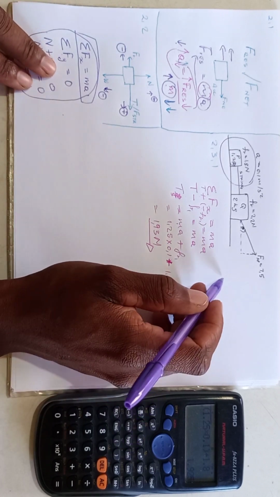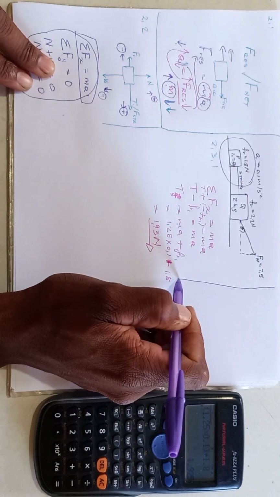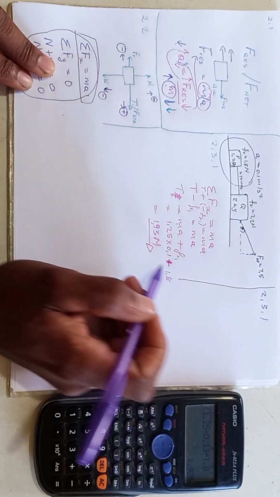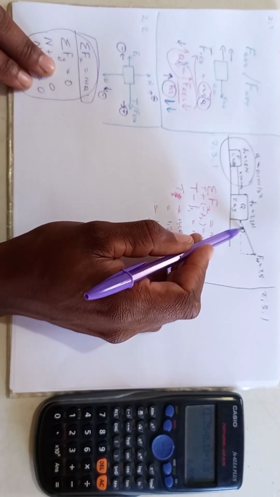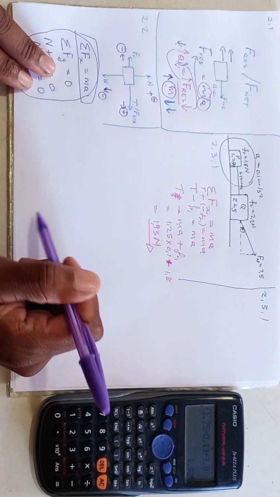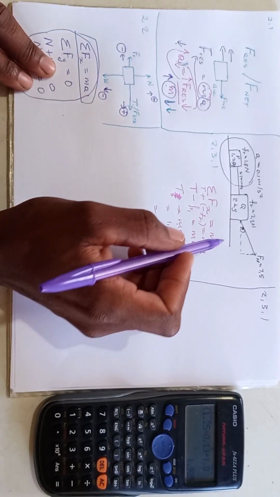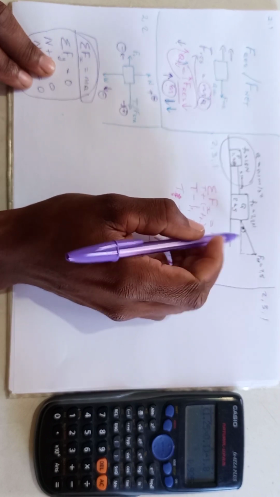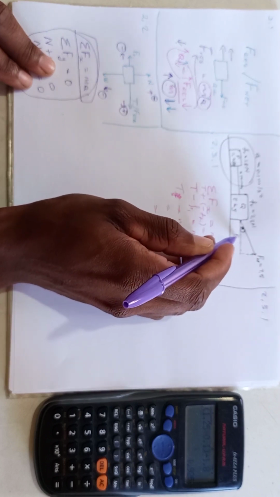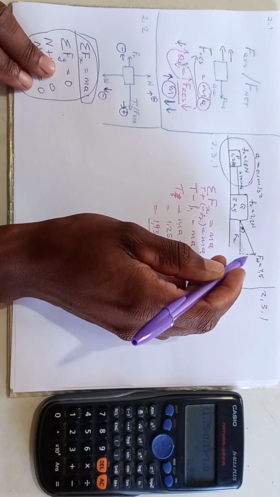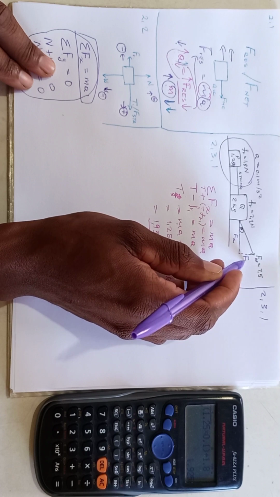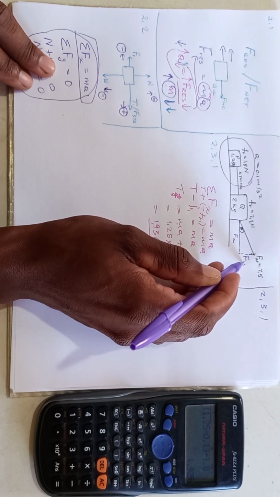Let us now come to the last question, 2.3.2. We are told to look for this angle. For us to get this angle, you must remember that we have a force here, which can be represented by Fx. We also have a force there, which can be represented by Fy.